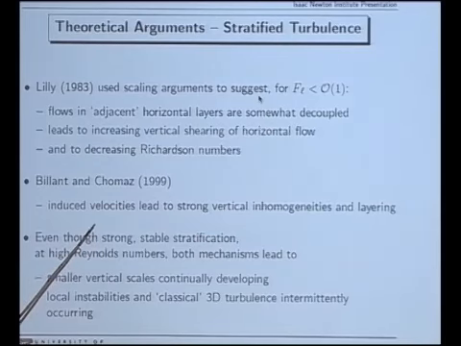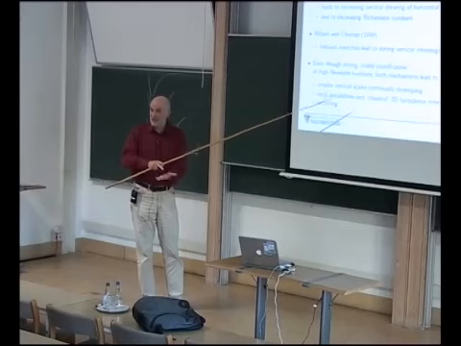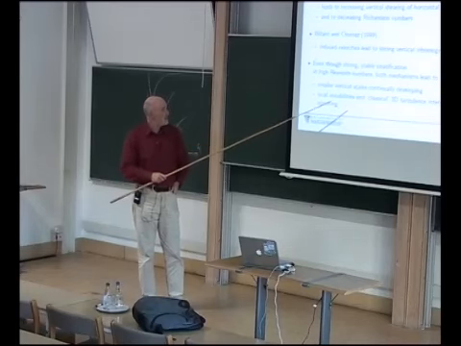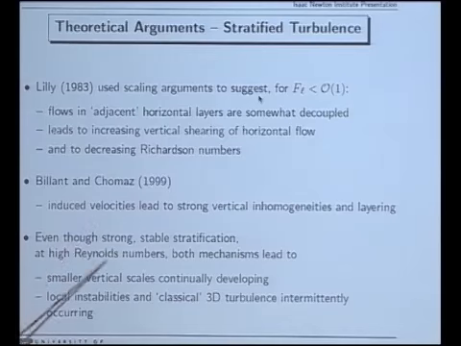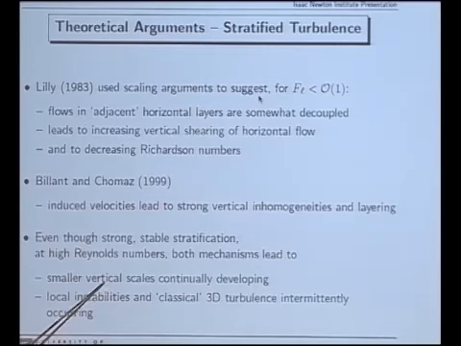Now, Paul Billant and Jean-Marc Chomaz looked at it a very different way. They first did instability theory and came up with this zigzag instability, and they concluded a similar thing, that no matter how strong the stratification is, you can get instabilities occurring because the flow wants to decrease in scale in the vertical as much as possible.